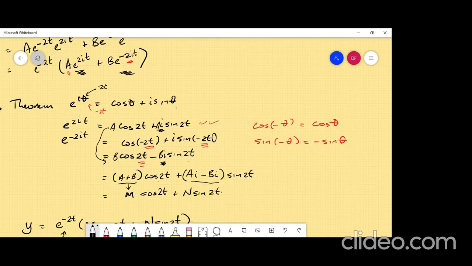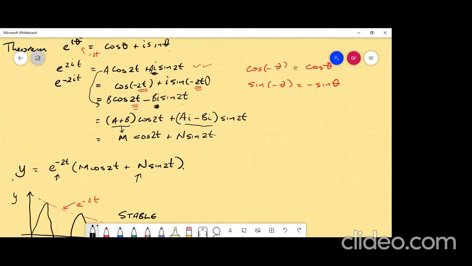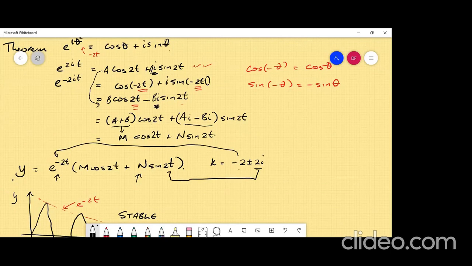So our solution, when we put the two of them together, we can say M cos 2t plus N sine 2t. The thing about it now is when the roots of the equation, k, equal minus 2 plus or minus 2i, the minus 2 goes to the exponential part, and the 2 goes to the trig part.